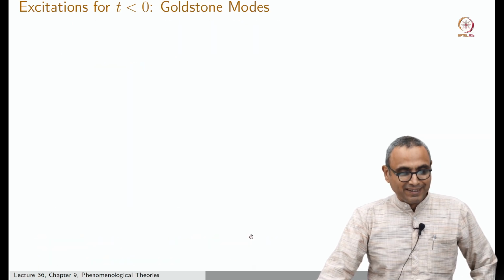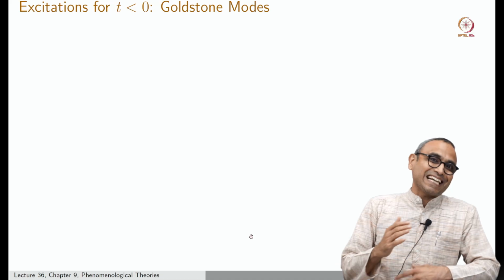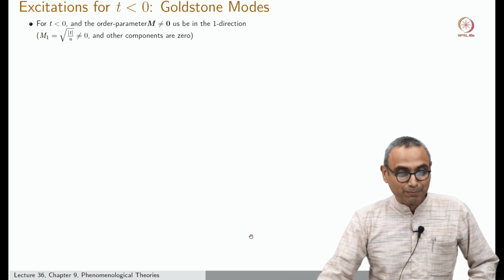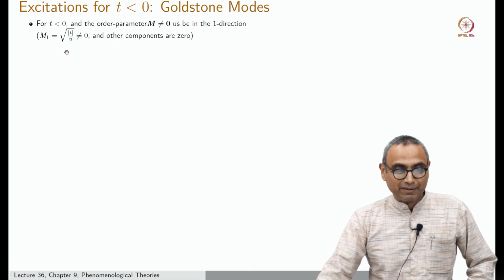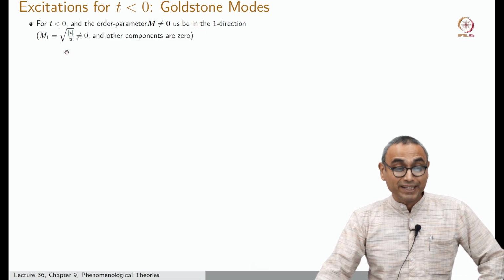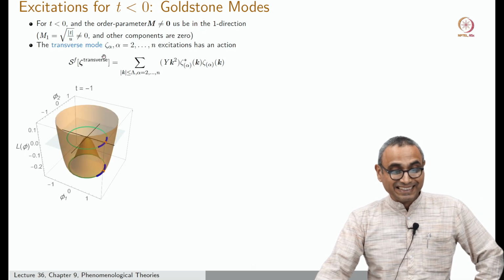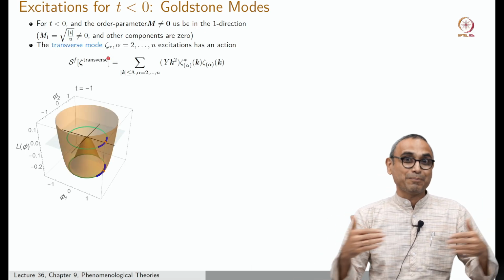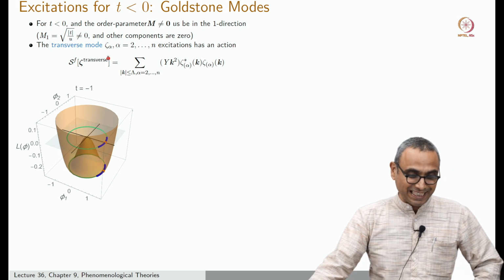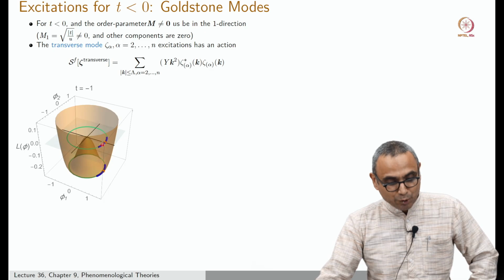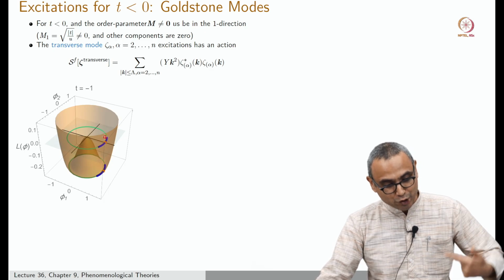Alright, now we know that there is another class of modes as well. Our symmetry is broken in one direction in the O(n) space, and there are these transverse excitations. Remember that we had these excitations transverse like this. Again this orange point is m1, and I am doing fluctuations that are orthogonal to m1.